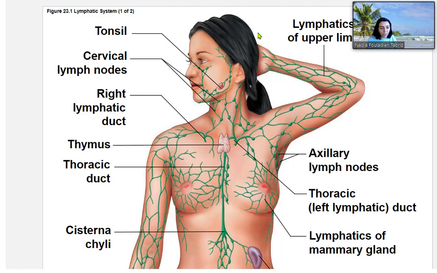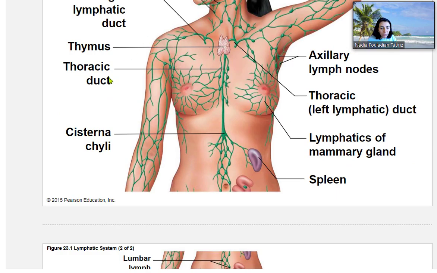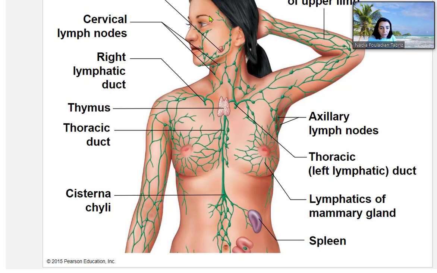This is the right side, they are all ending, including the right side of the head and neck, the upper limb, and the chest here. All these go into one duct that we call the right lymphatic duct.